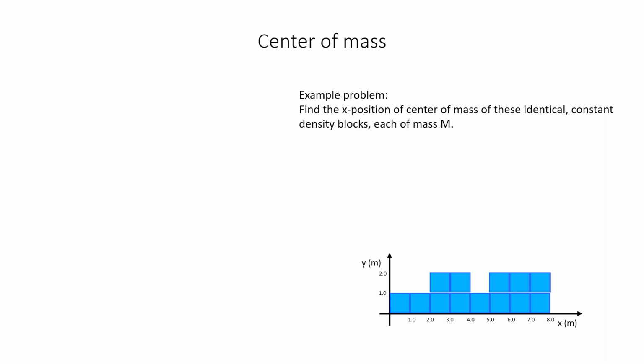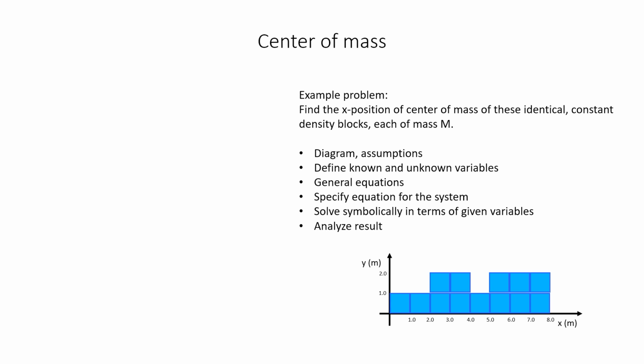Let's do an example problem where we're going to find the center of mass of this system of identical constant density blocks, each of mass m. We'll use our method of starting with a diagram and assumptions, known and unknown variables. We'll then write the general equations and specify them for our system.